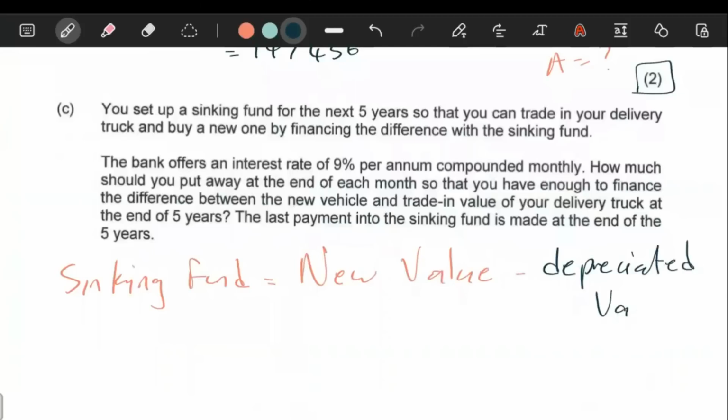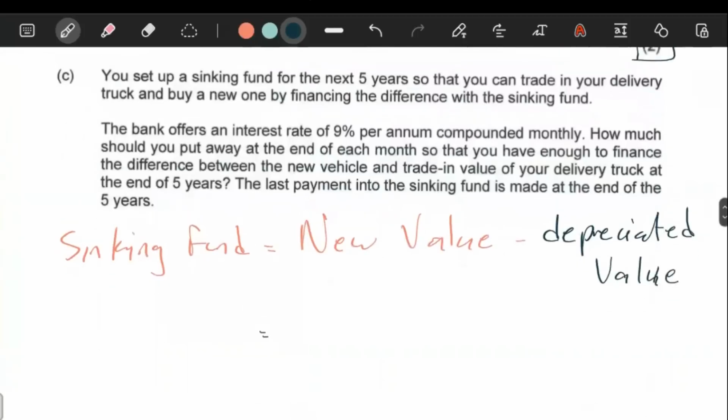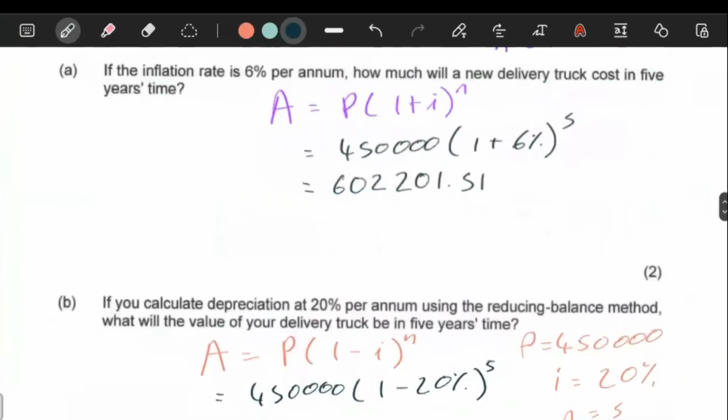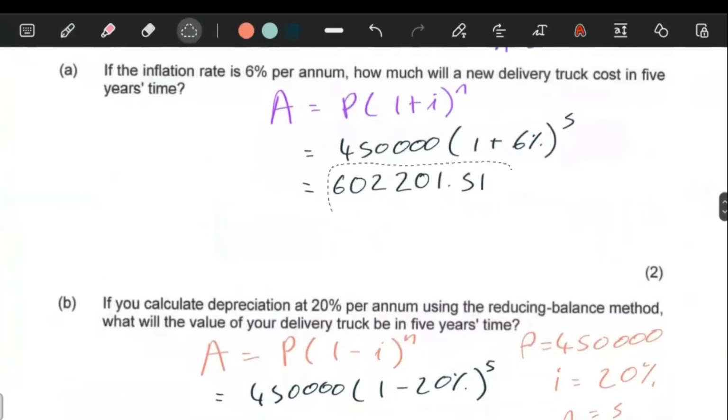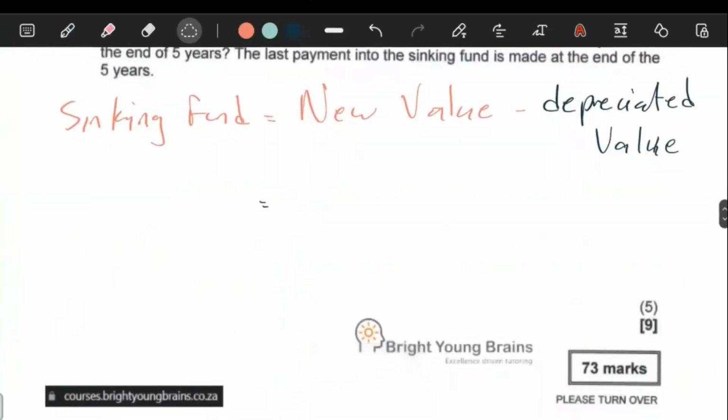That's what your sinking fund is. So remember the new value of the truck is this much when it has been hammered by inflation.